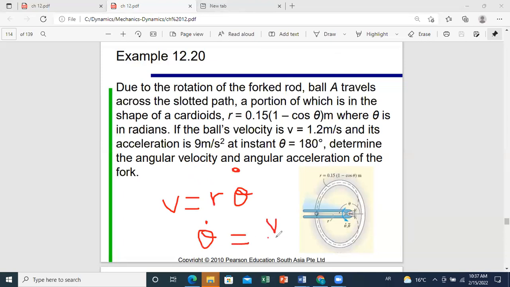It's wrong. Okay, because here your reference point is not the center of curvature for your path. So if you remember in the example of the circle I gave you, if you select the reference point at the center, then you can say that the linear velocity is r theta dot.